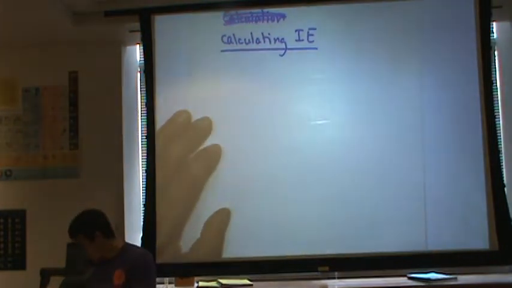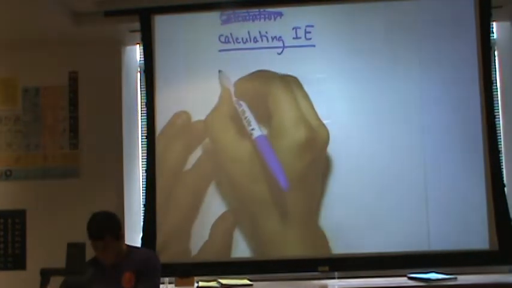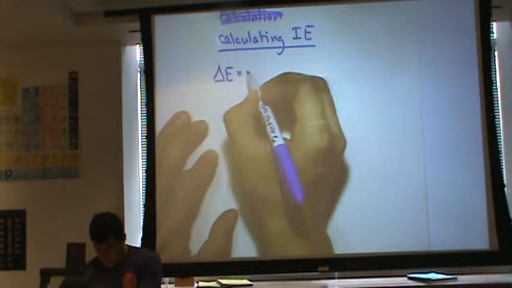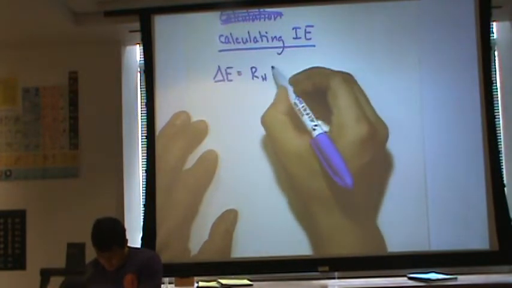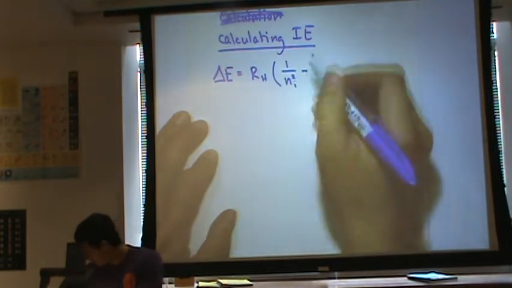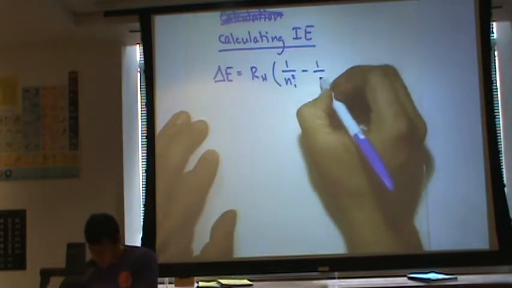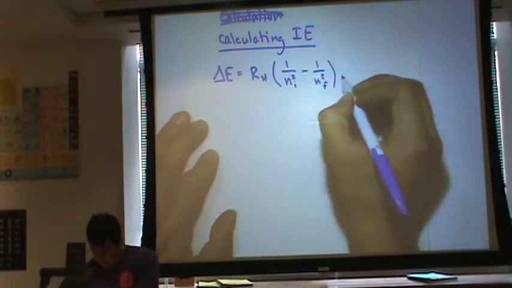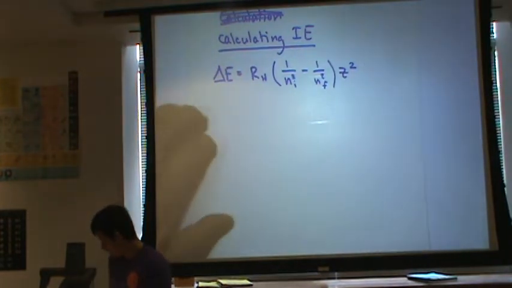We're going to go back to our handy-dandy Rydberg equation: delta E is R sub H times (1 over n squared initial minus 1 over n squared final), times Z squared.